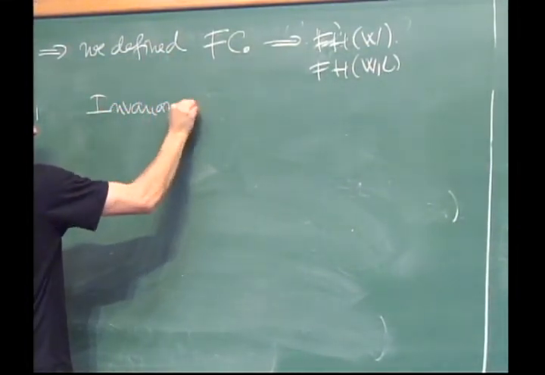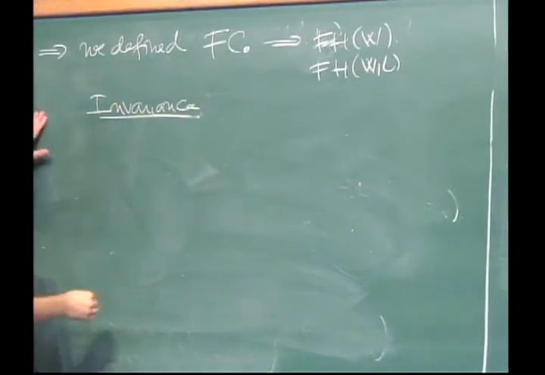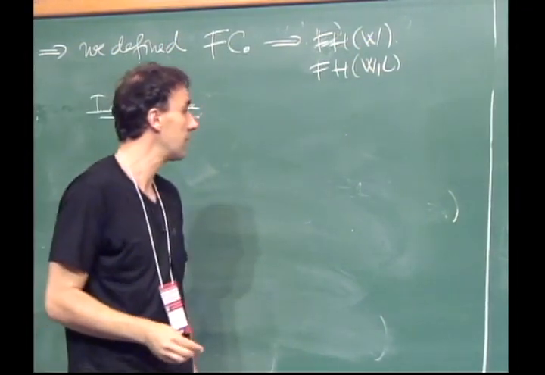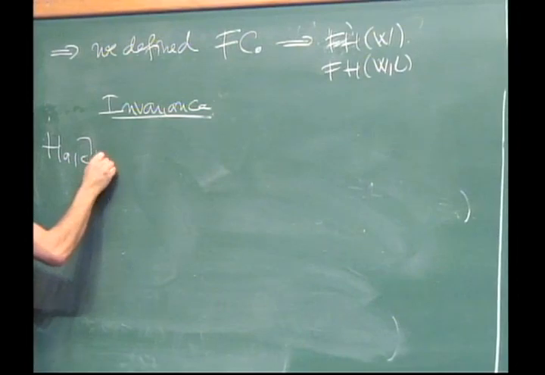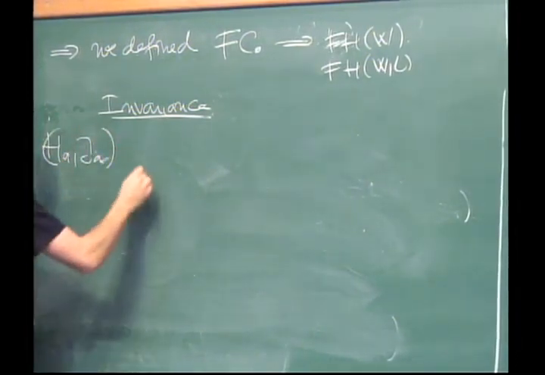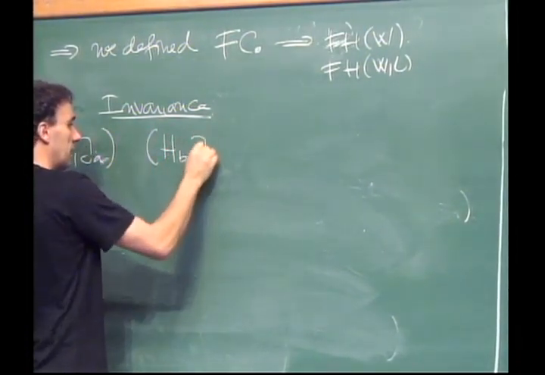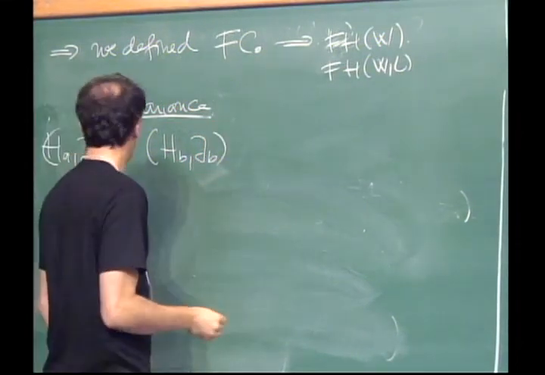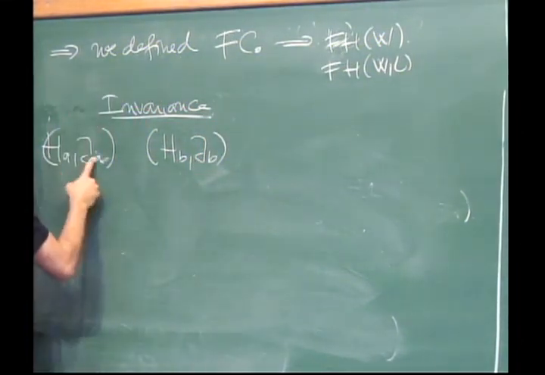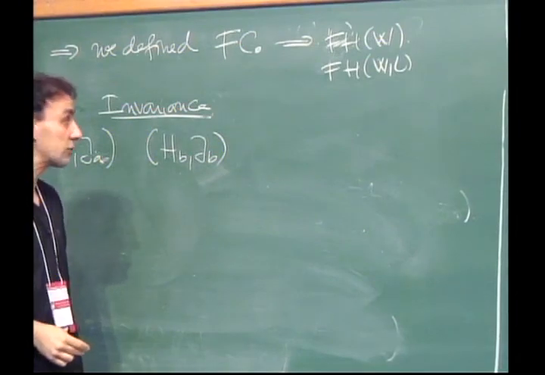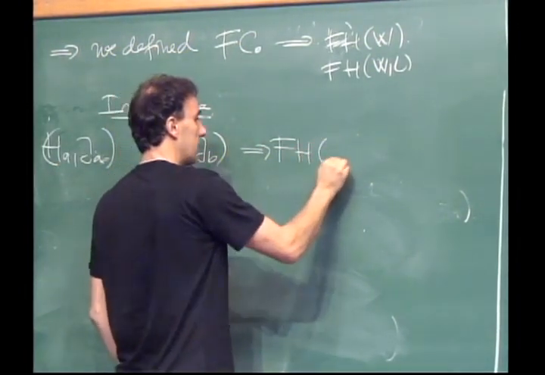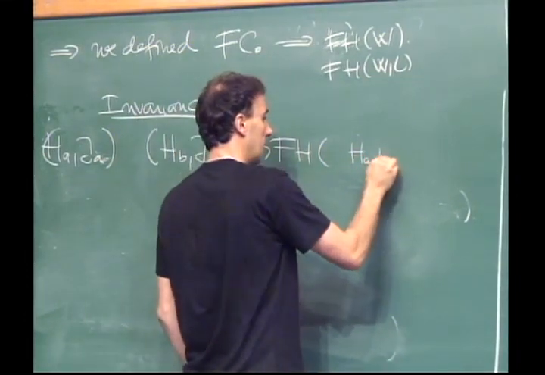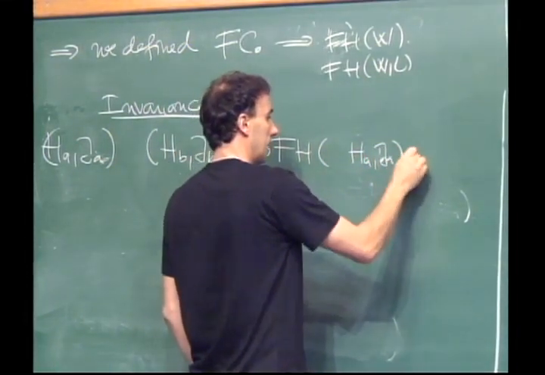Alex talked about this yesterday. So invariance means that if we choose two couples of Hamiltonian, regular Hamiltonian, and almost complex structure, then the Floer homology associated to these two couples are the same.